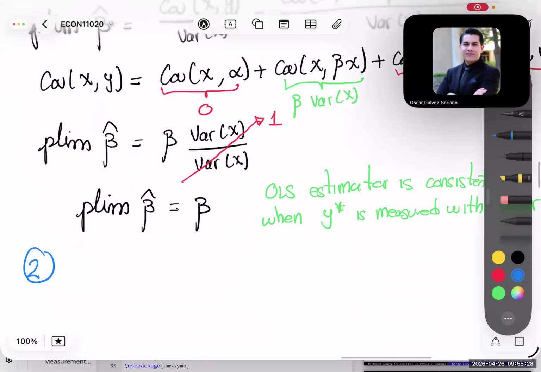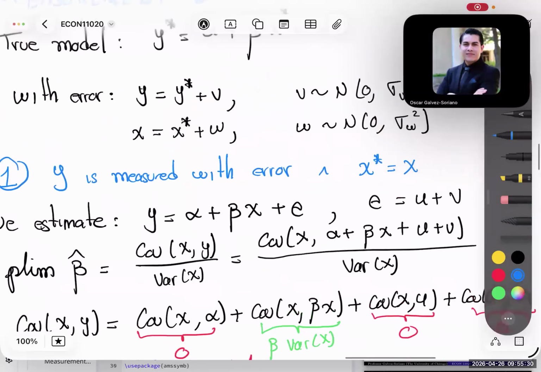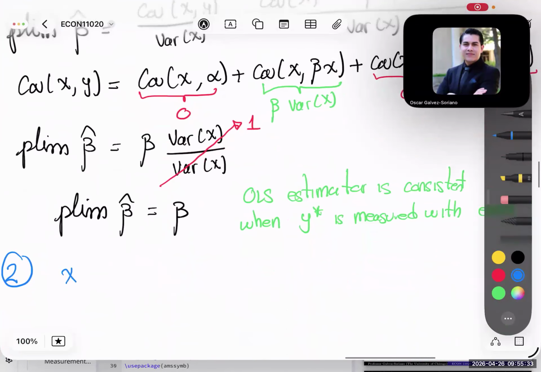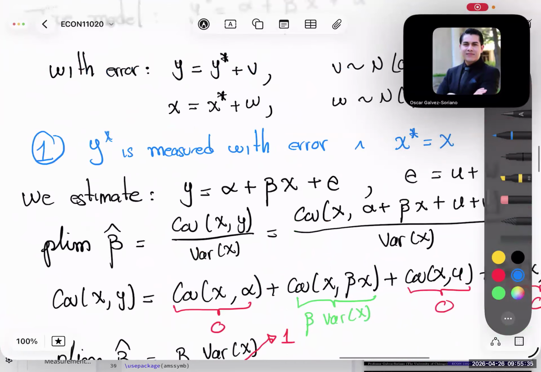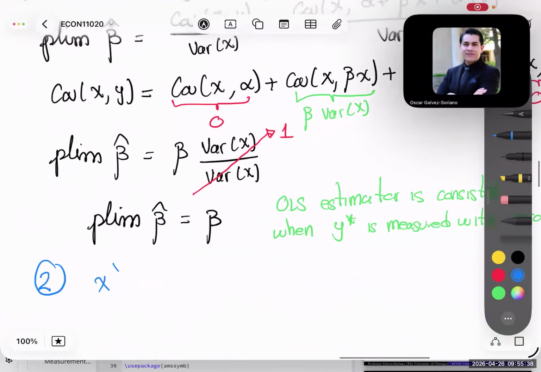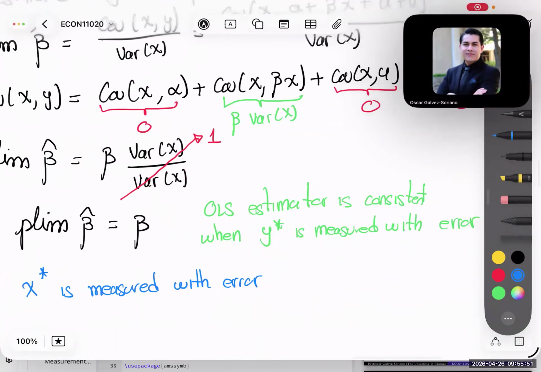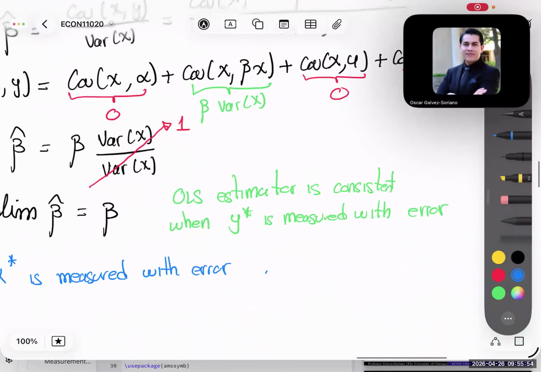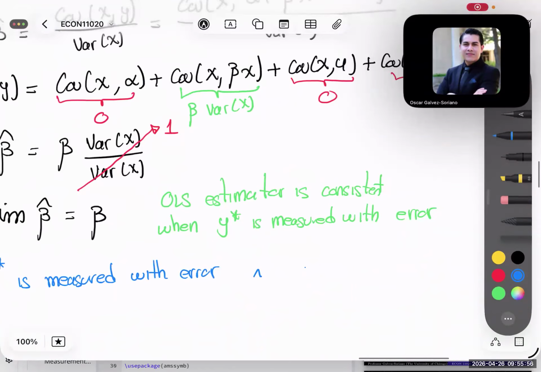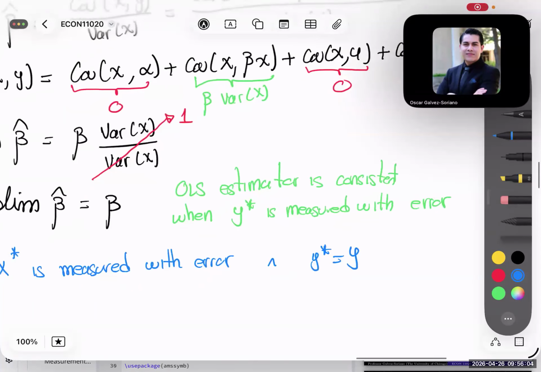but we have another situation, which is when x is measured with error. I'm going to use the same notation with the stars. And as we did before, let's avoid any complications. Assume that y is measured without error, which means that y star is equal to y.